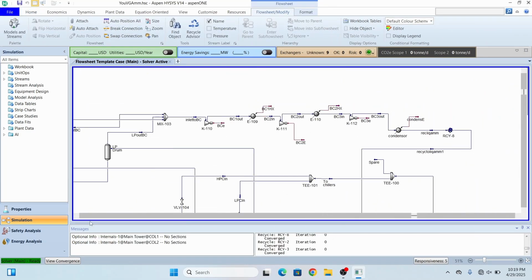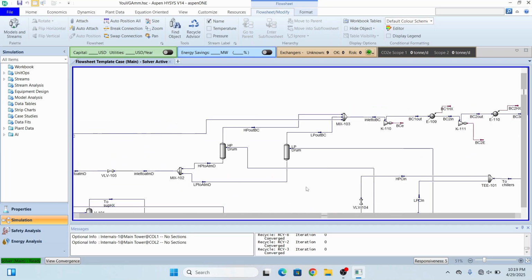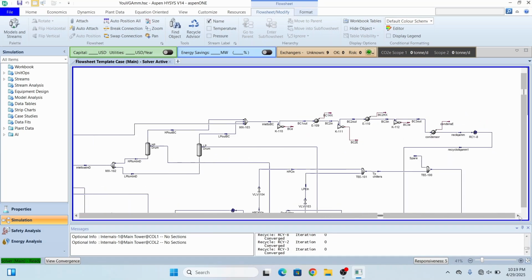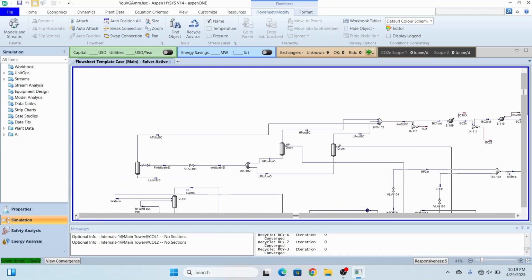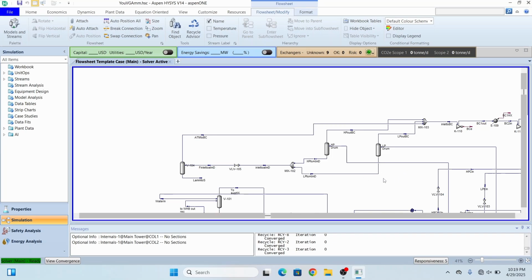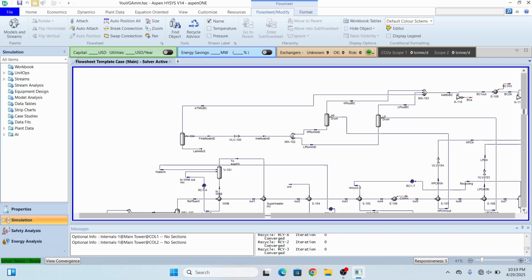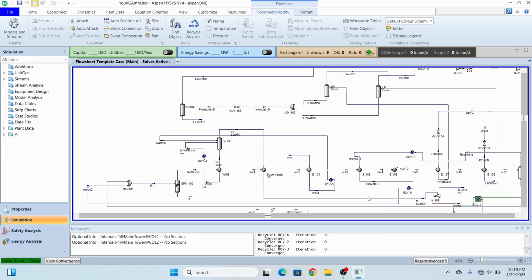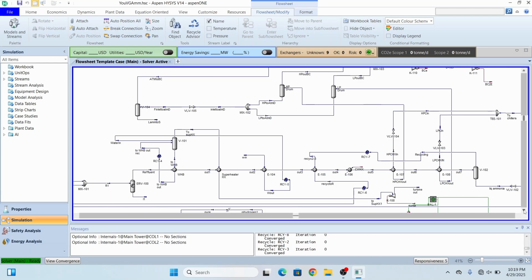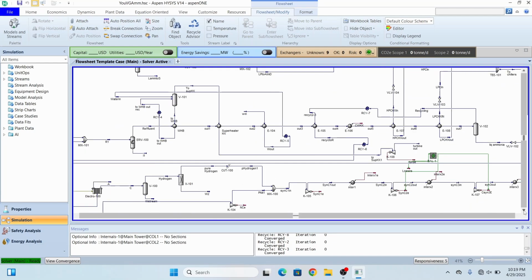Now you can see that that is my whole simulation of green ammonia. If I make it a little bit smaller, you can see that after the booster compressor, this was our high pressure and low pressure drums. This was our atmospheric drum, and this was all part of our refrigeration loop. This was our integration network to reduce the temperature of the effluent stream downstream of the reactor from 469 or 480 to 3 degrees for the separation of ammonia and the unconverted hydrogen and nitrogen.